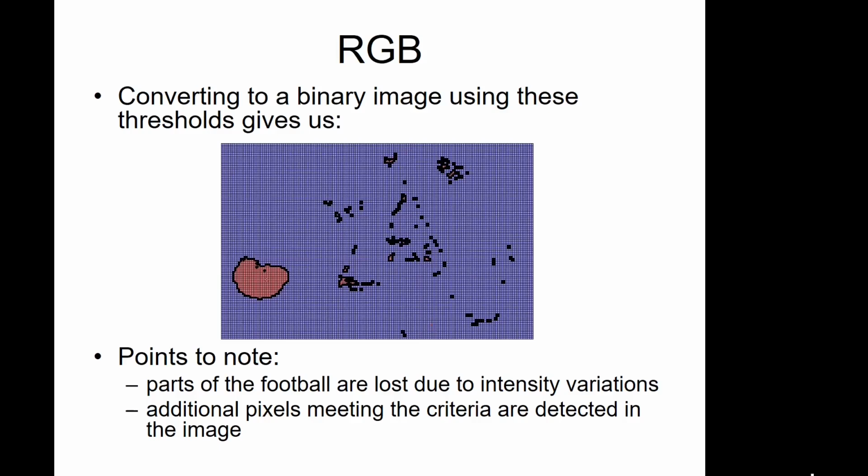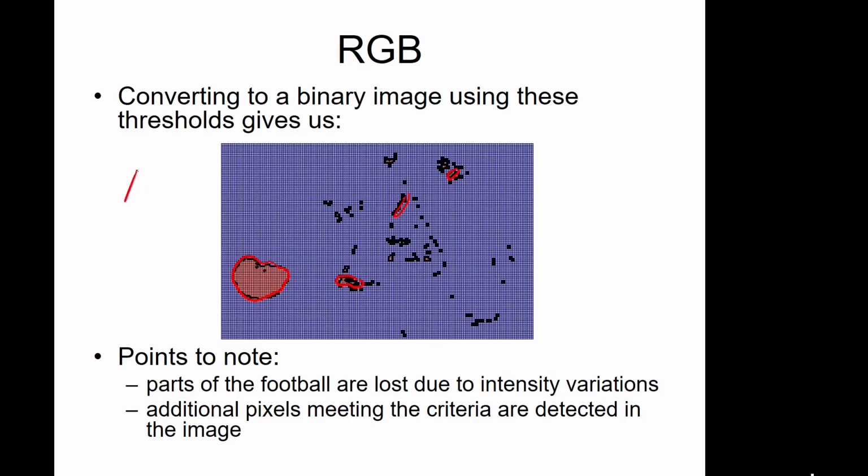So what we could do at this point is use our connectivity algorithm and connect up. So this is then defined as one object. We've got an object here, got an object here, etc. Lots of objects. We'll then work out the area, and this area comes out to be the largest, so we'll keep this as our area of interest. And then given we've now identified that as our object of interest, we'll work out the center of area.